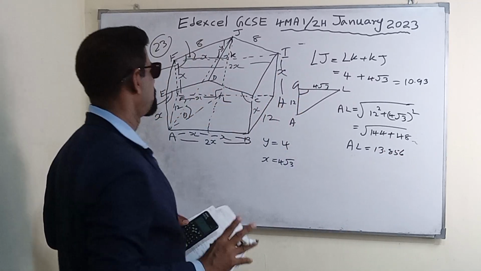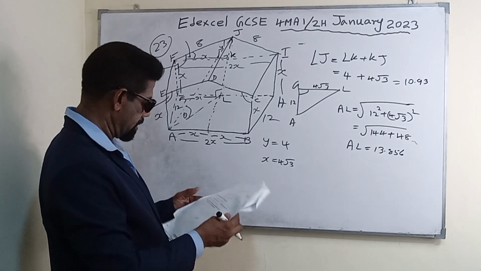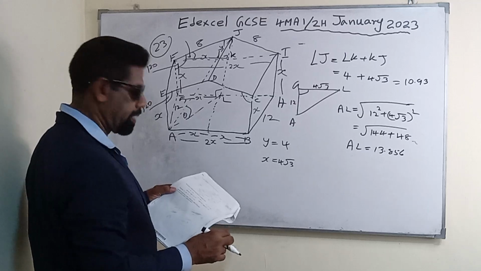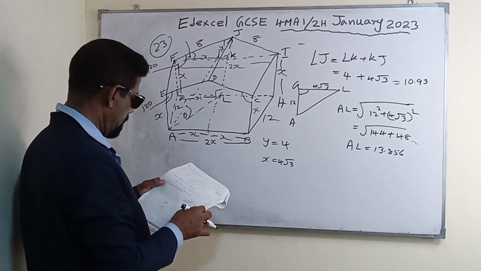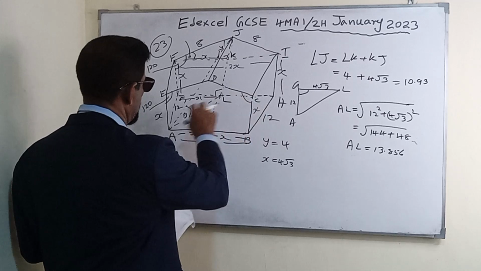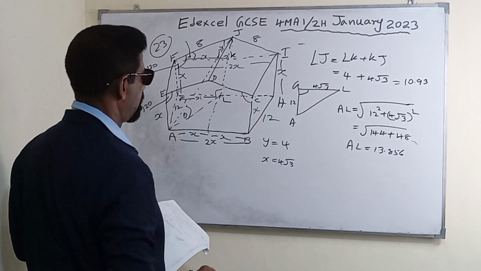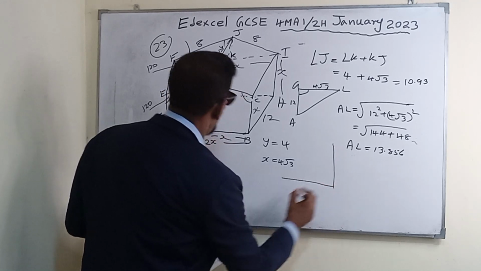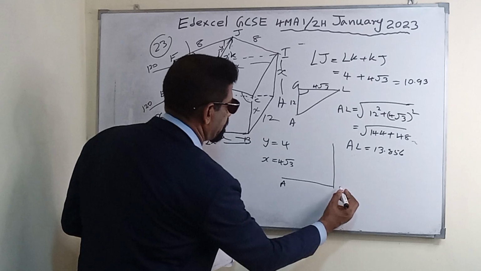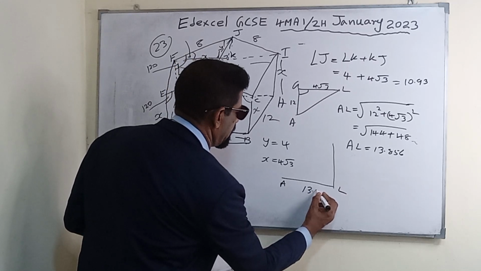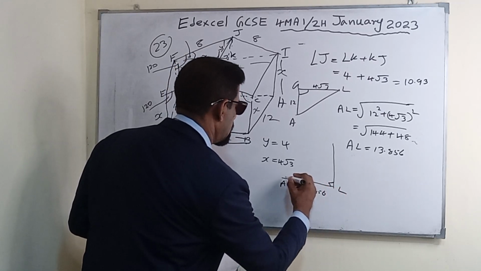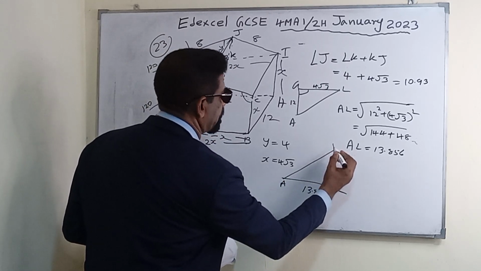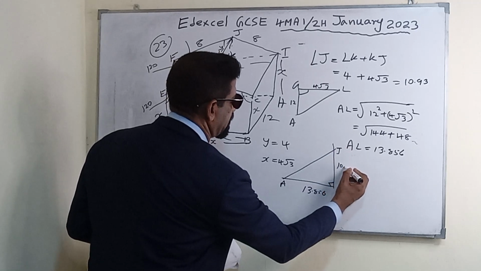This is a 3D sum, so do it carefully. The question: calculate the angle AJ makes with the base ABHG. Now we have a right angle triangle, with base AL 13.856 and LJ 10.93.